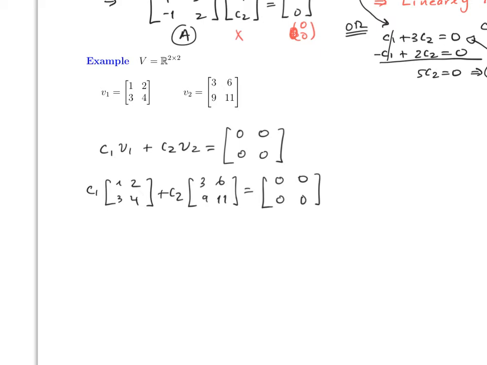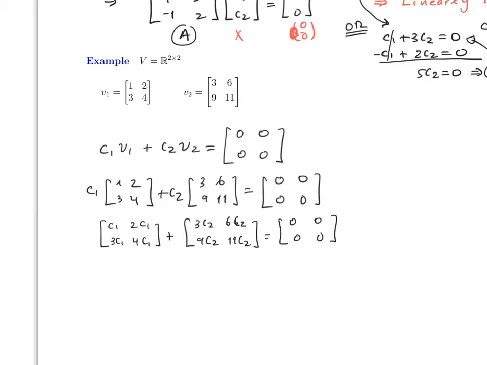So therefore from here we actually have C1, 2C1, 3C1, 4C1, and in this case you have 3C2, 6C2, 9C2, and 11C2, and this should equal 0, 0, 0, 0. Again, this plus that has to equal this, and so forth.